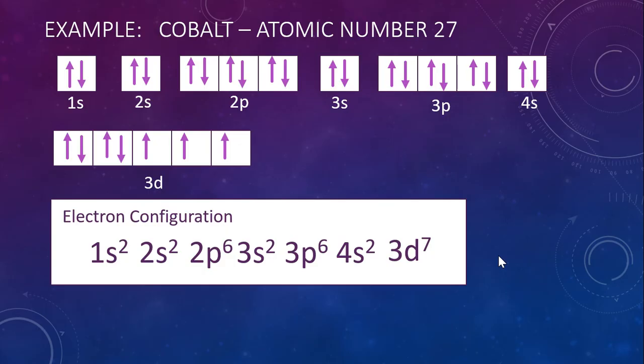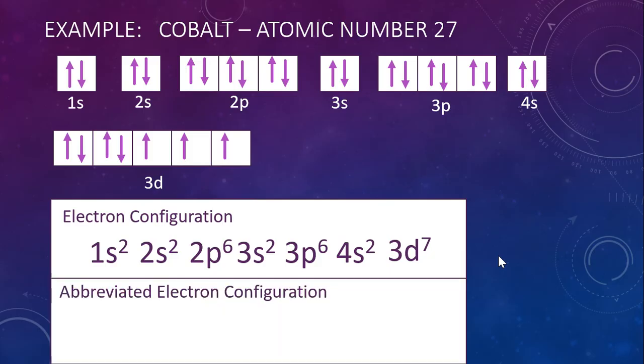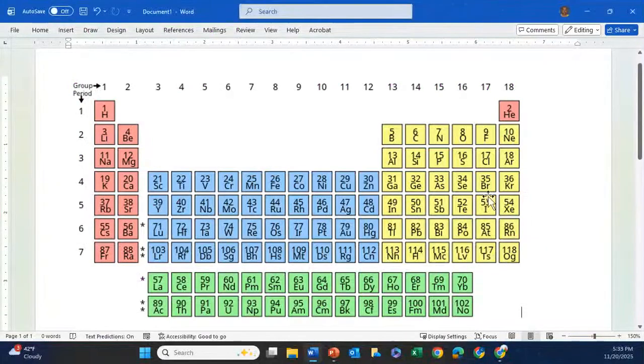Let's simplify that. In order to simplify it, I need to go back and look at my periodic table. I have cobalt right here, number 27, and I need to go backwards. Just like the last example, argon is my previous noble gas.